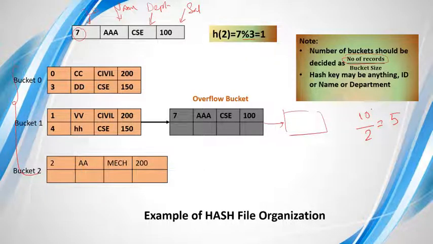For hashing, we can select any attribute as the key: id, name, department, or salary. For different key values, we will get different layouts of records in different buckets. This is the basic idea of how we can organize a file using the hashing technique.